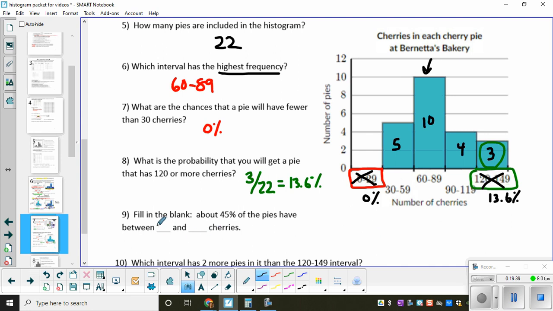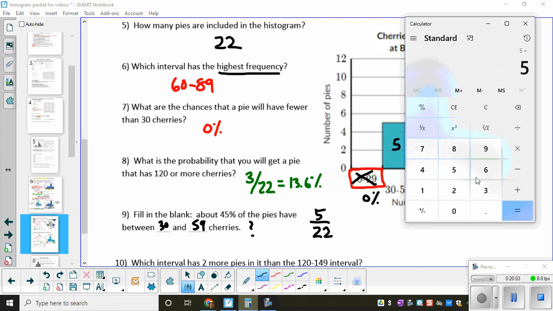So let's check to see if this should be the 30 and the 59. We're going to check to see if this is the correct interval, if that's actually 45% of the data. So there were 5 pies that were in that category. So 5 out of my 22. And basically we're just going to check right now to see if this is 45% of the data.